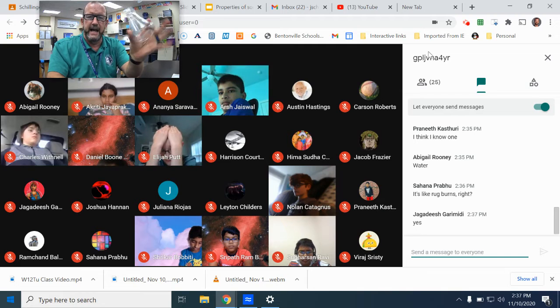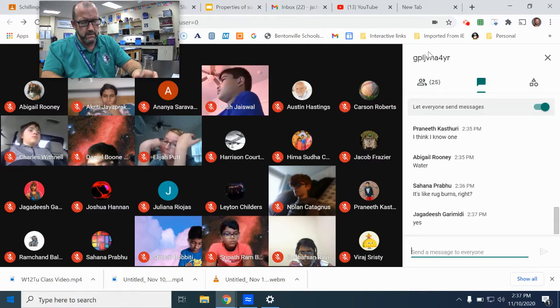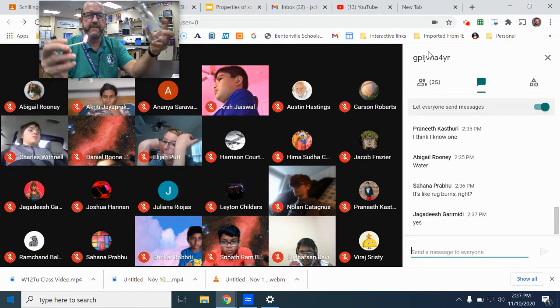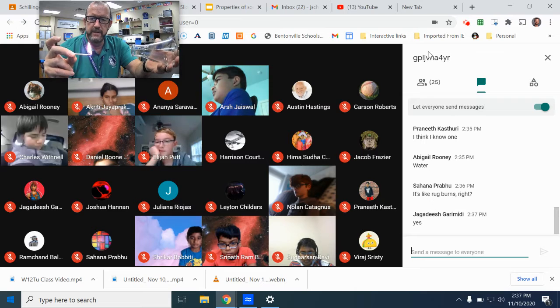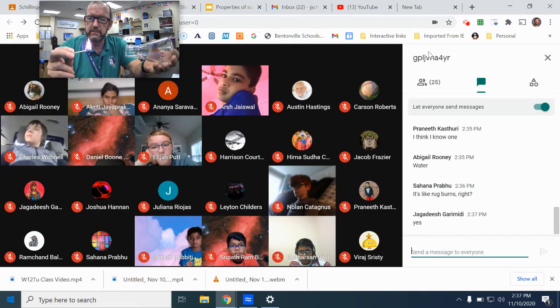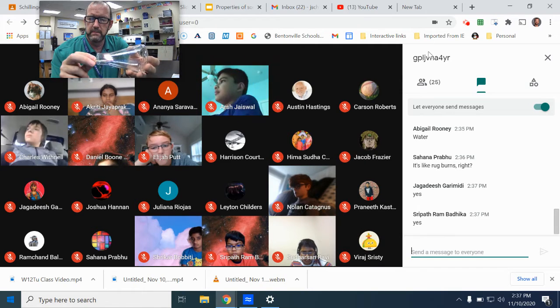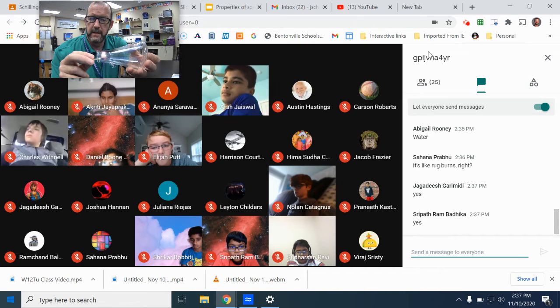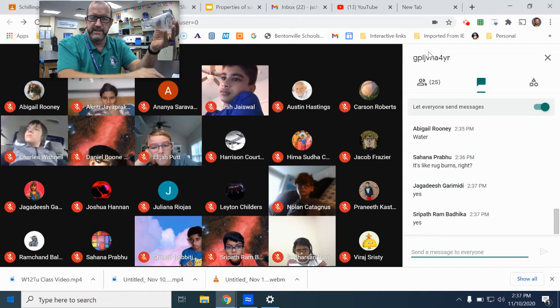So I have a flask right here. Now, if I light this match and I put it into the flask, does it go out? Yes. It's not going out until I start to burn my fingers.